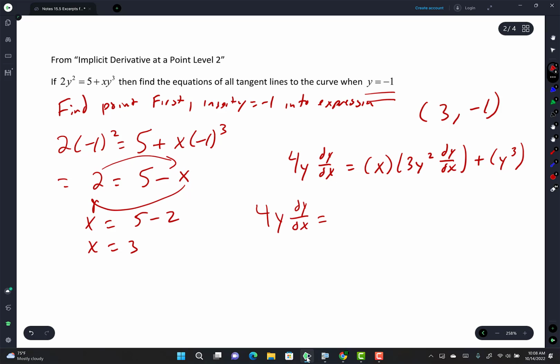4y dy dx equals, some of you have this habit, I saw it in your homework, 3y squared dy dx. It's fine, it's correct, but I would not do it that way. The better way is you put the coefficient in the front and then you go 3xy squared dy dx.